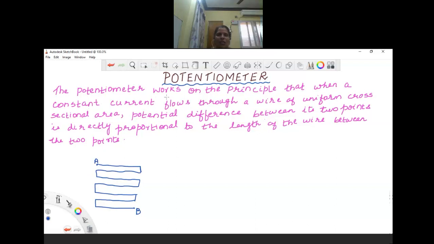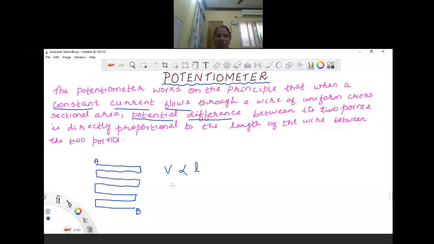The potentiometer works on the principle that when a constant current flows through a wire of uniform cross-sectional area, even though we have a 10-meter long wire, the cross-sectional area remains the same, the potential difference between its 2 points, V, is directly proportional to the length of the wire between the 2 points. So this is the basic principle of the potentiometer.